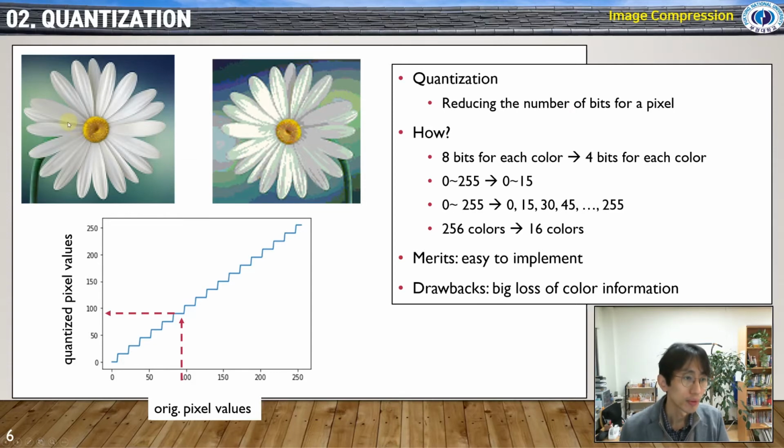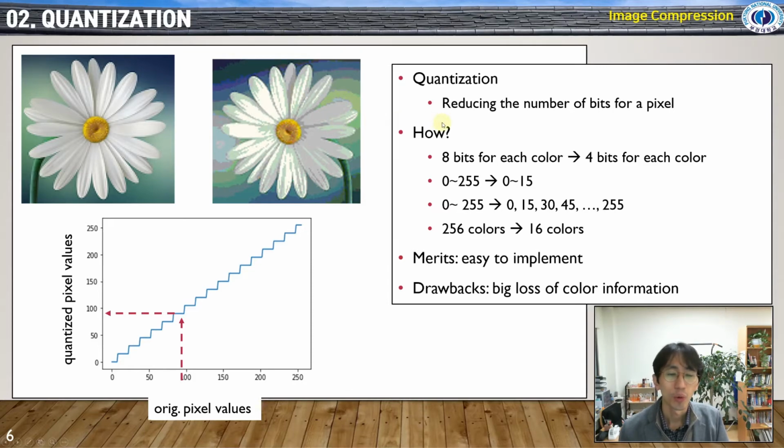So any pixel here, that color is expressed from 0 to 255 for R, another 0 to 255 for G, and another 0 to 255 for B.